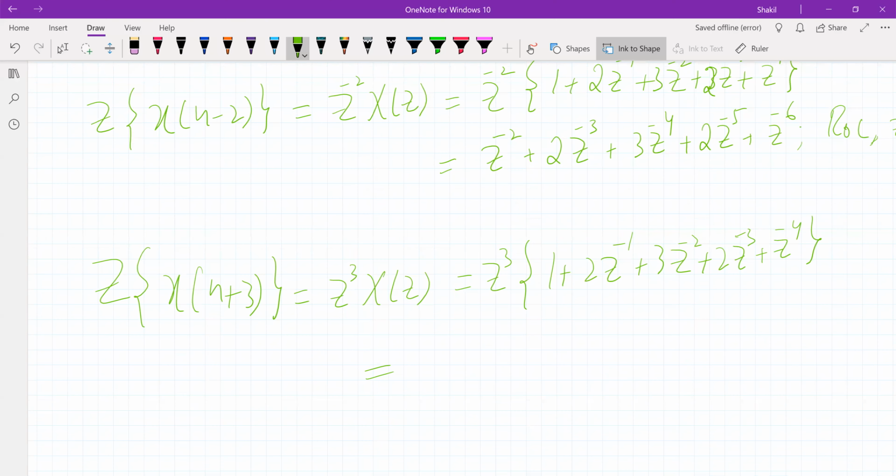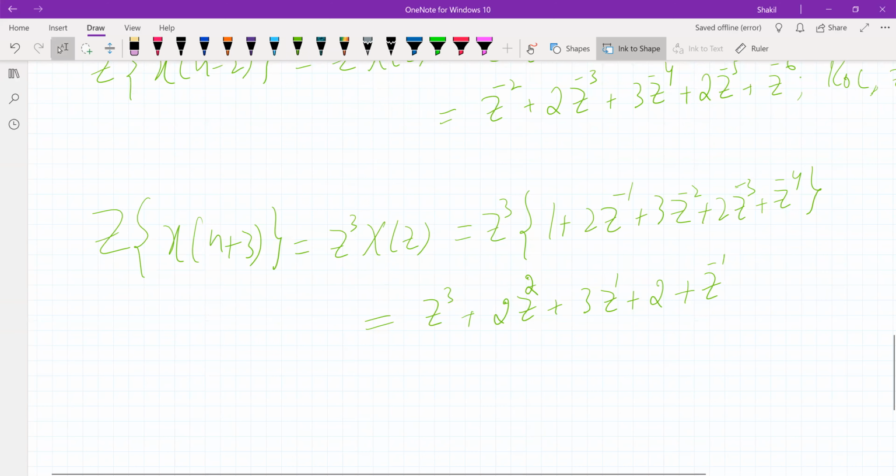Now taking z cube inside, this will be z cube plus 2 z squared plus 3 z plus 2, and z cube will cancel with z minus 3, this will be z raised to power minus 1. So this is the Z transform of x of n plus 3.